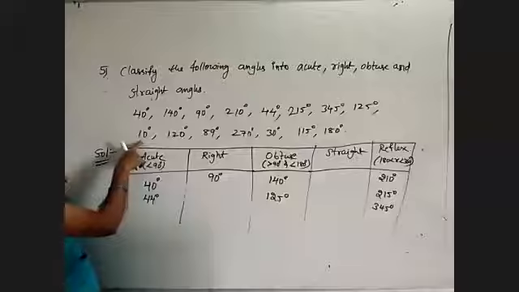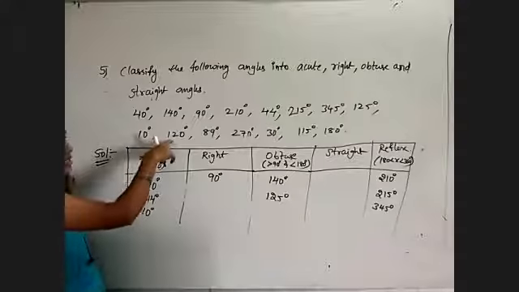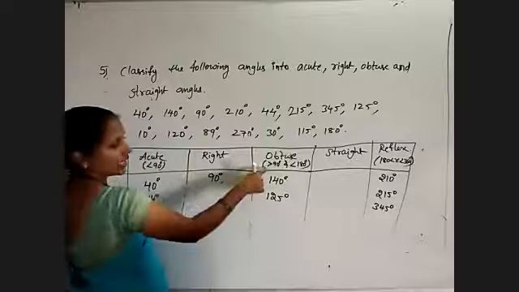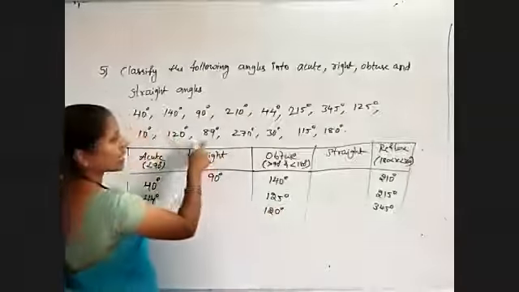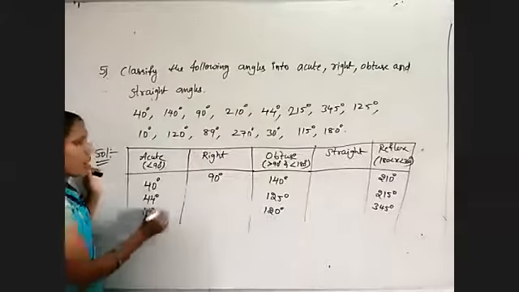Now 10 degrees, less than 90, acute angle. 115 degrees, more than 90, lesser than 180, so obtuse angle. 89 is lesser than 90, acute angle.